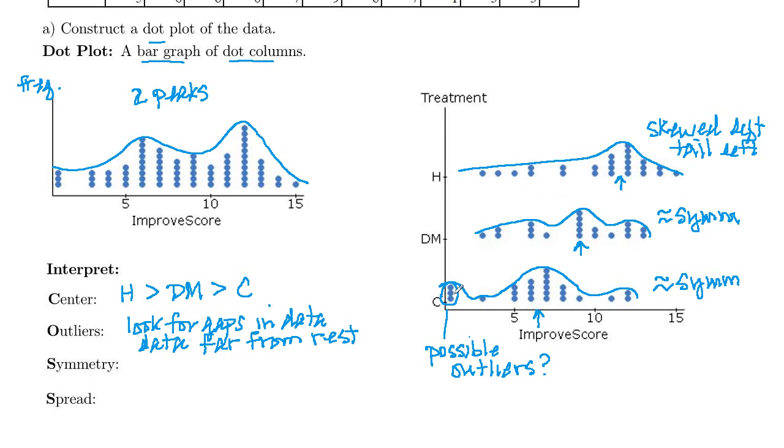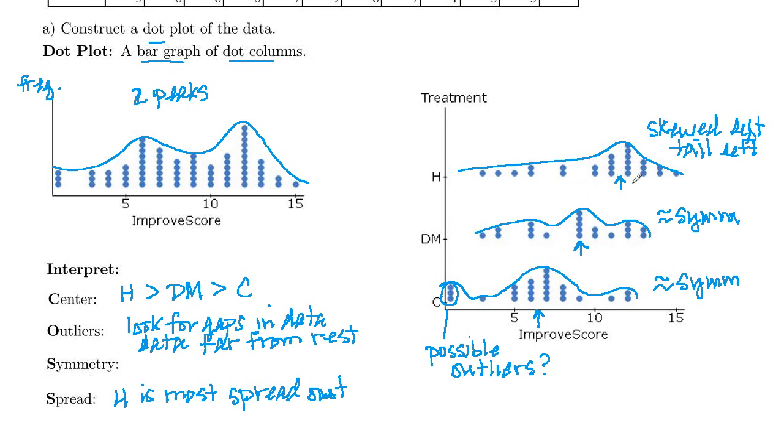And your control goes from 1 up to 12. So definitely honey is the most spread out, we can tell that. So definitely have the most variation in that first one.